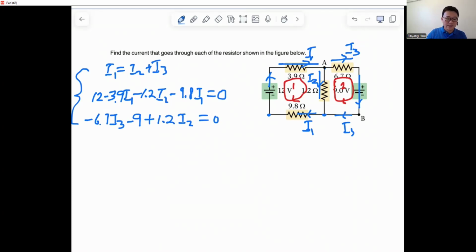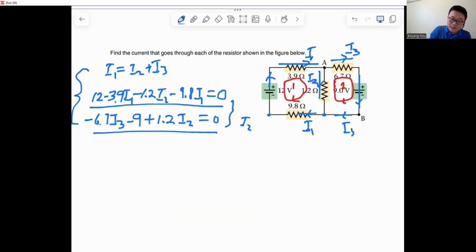Basically this is what we need to do. We need to take this equation because there are two unknowns in it. We'll write I1 in terms of I2. The second equation has I1 and I2. The third equation has I2 and I3. So the common unknown between these two equations is I2.